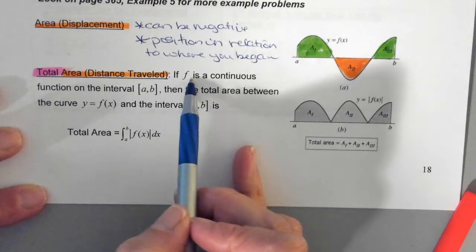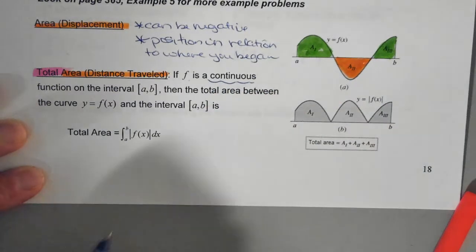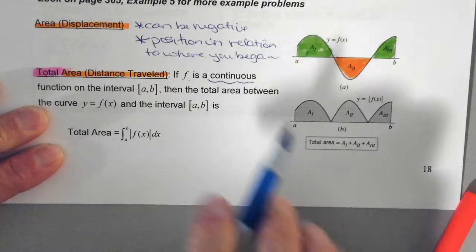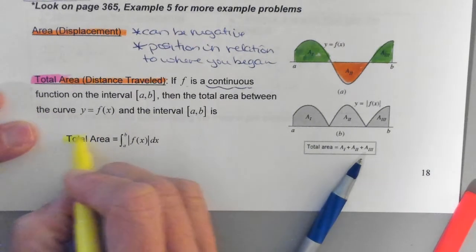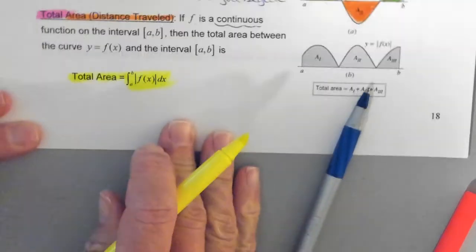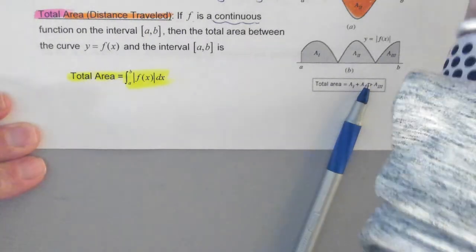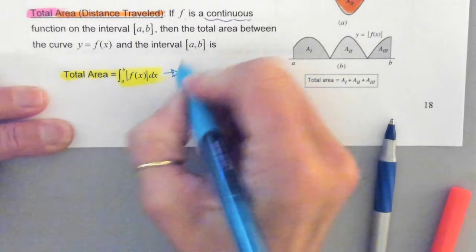Okay? So if our function is a continuous function over the given interval, here's that word again, continuous, then the total area between the curve is given by the following. Guys, this is so important because you're going to look here: total area, that's the key word. What do you notice here? It's the absolute value. Okay, so what you need to remember is this will be always positive.